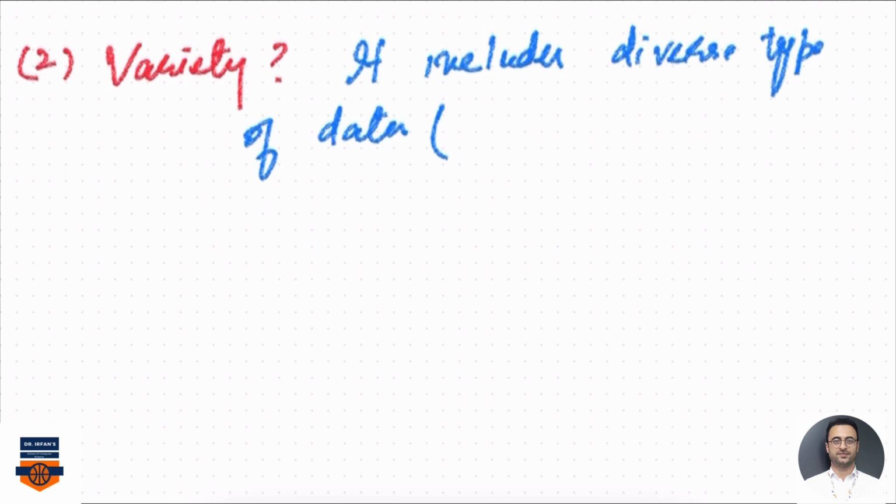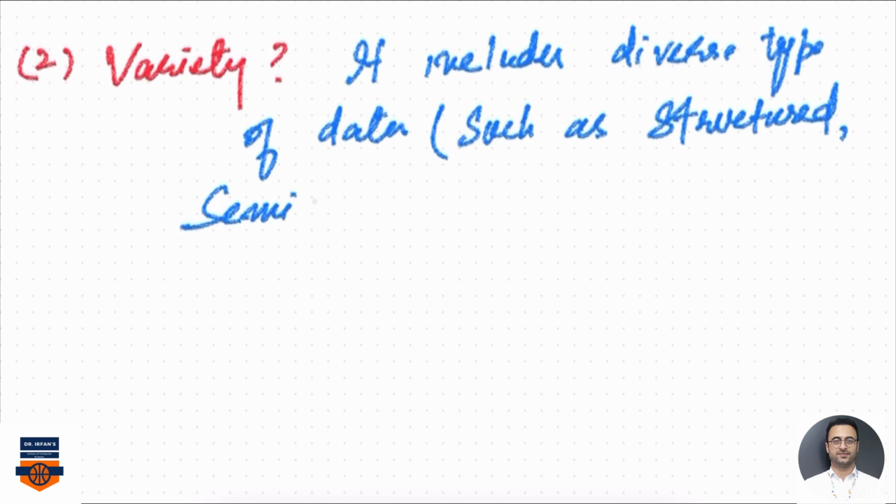So the second characteristic property of big data is that it has diverse types of data sets, such as structured and semi-structured databases.